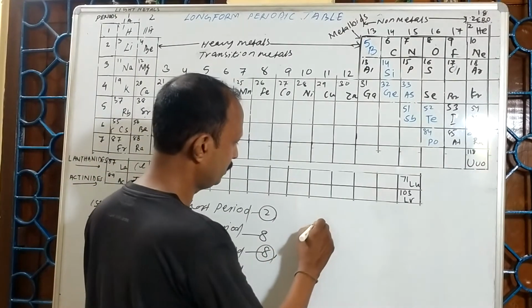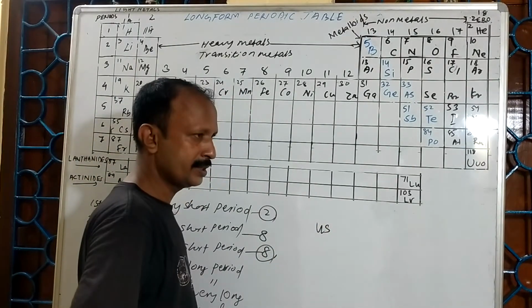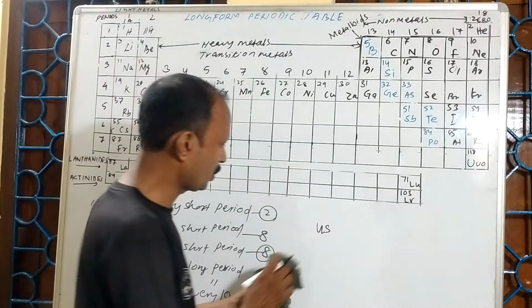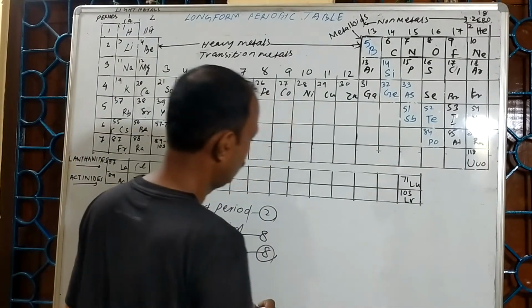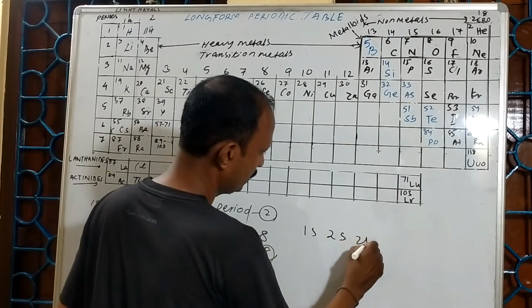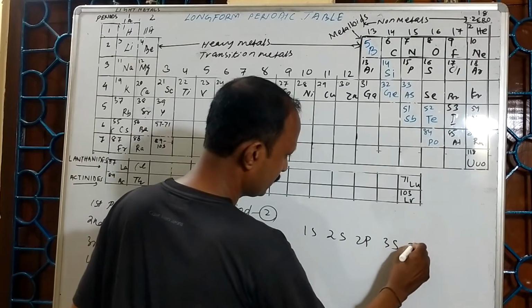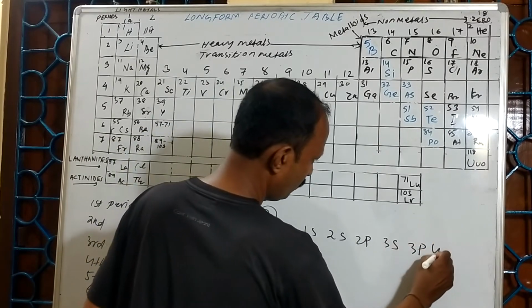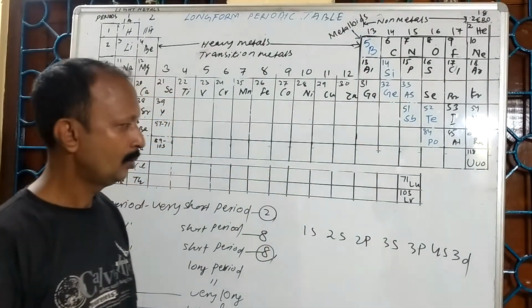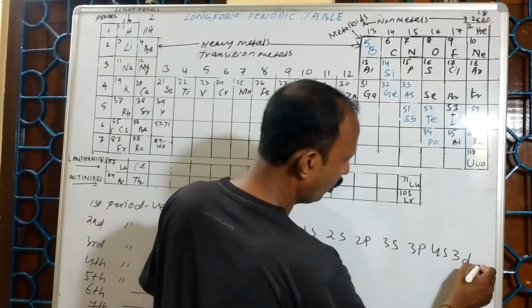So you see that 4s is there. How do we write the electronic configuration? 1s, 2s, 2p, 3s, 3p, 4s, 3d, and again 4p.